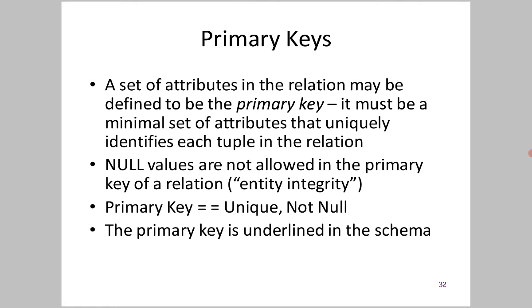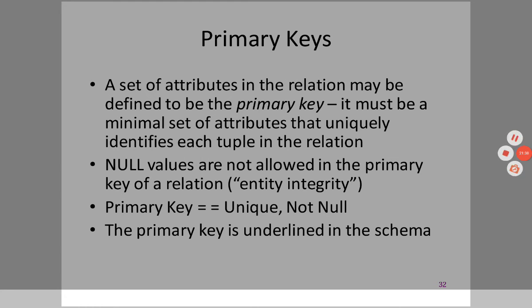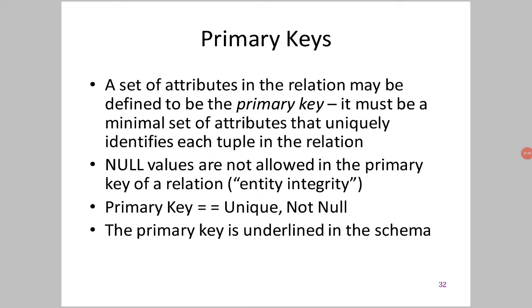So what is a primary key? A primary key is a key in a relation or table that should be unique and should not allow null values. It is generally specified with an underline symbol.